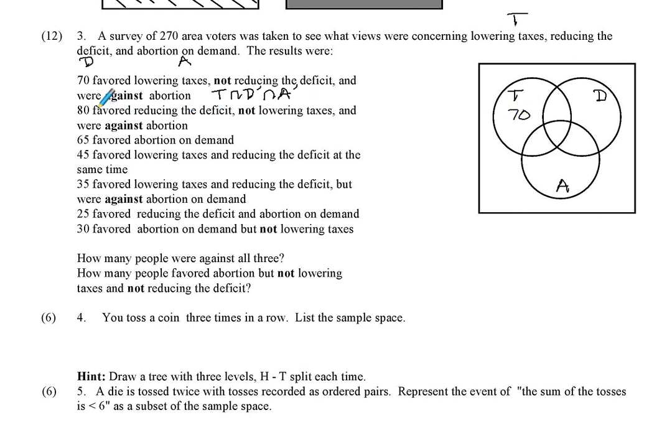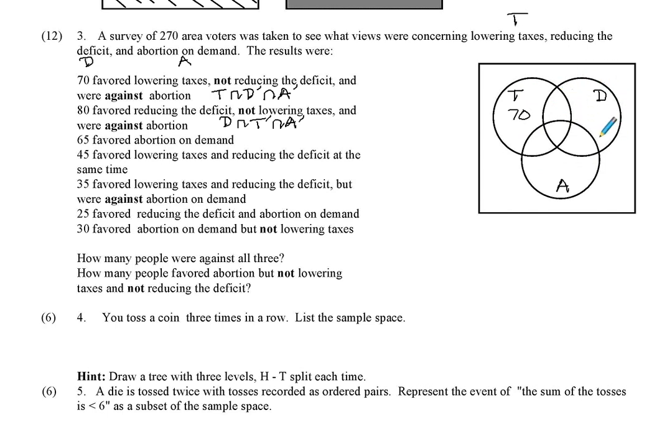And then 80 favored reducing the deficit, so that's D. Not lowering taxes, so and not T, T prime, and against abortion, so and not A. So this is saying you're inside the circle for D here, but you're not inside the circle for T, and you're not inside the circle for A. That means that you're in this part out here.